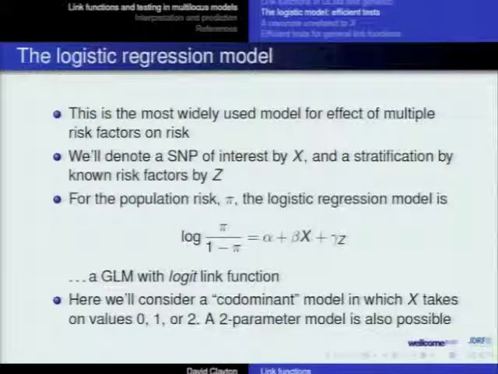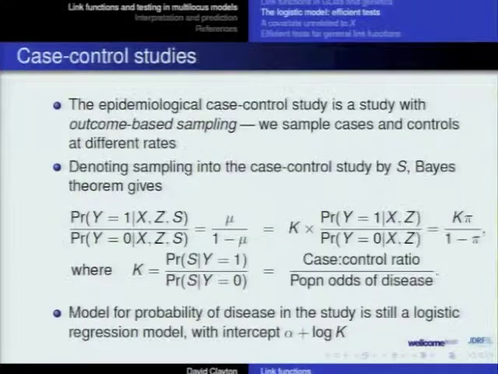I'm assuming a codominant model for this. I want an efficient test for the effect of this SNP, and I have some background measures of risk captured in this stratification. I might have a case control study, and in a case control study, you sample cases and controls at different rates.